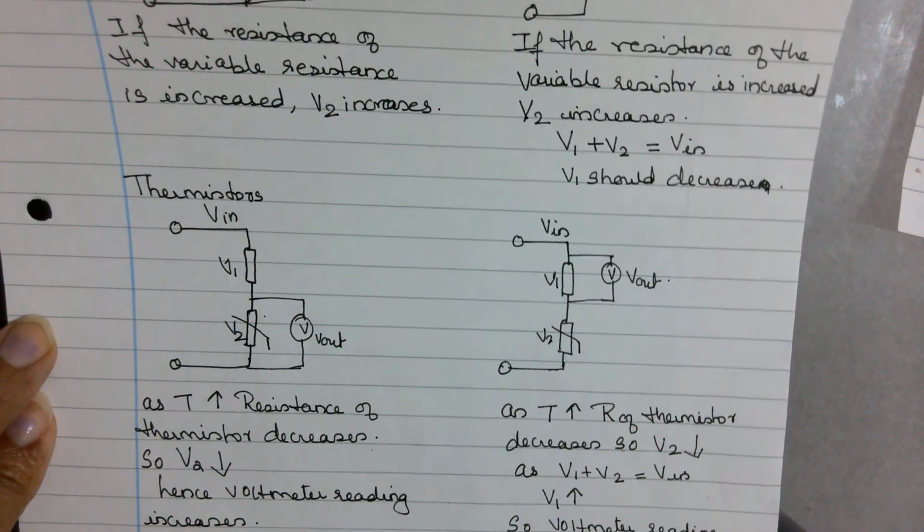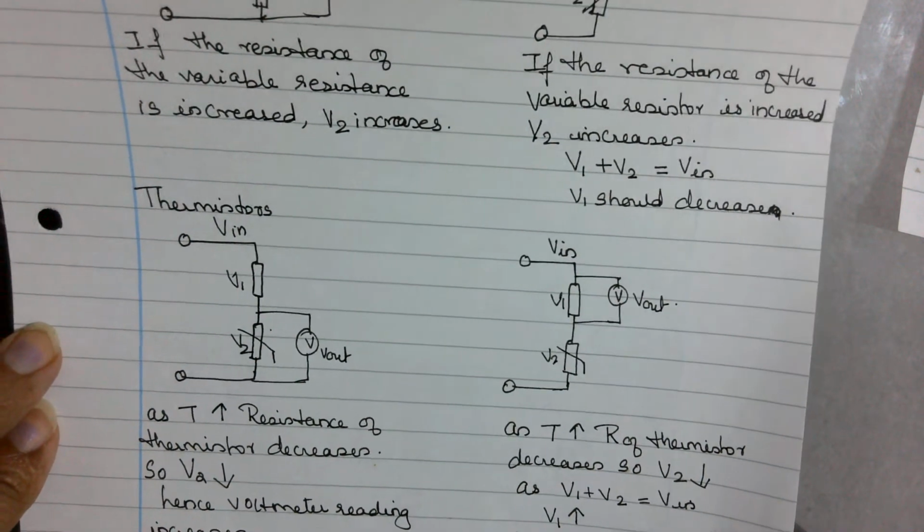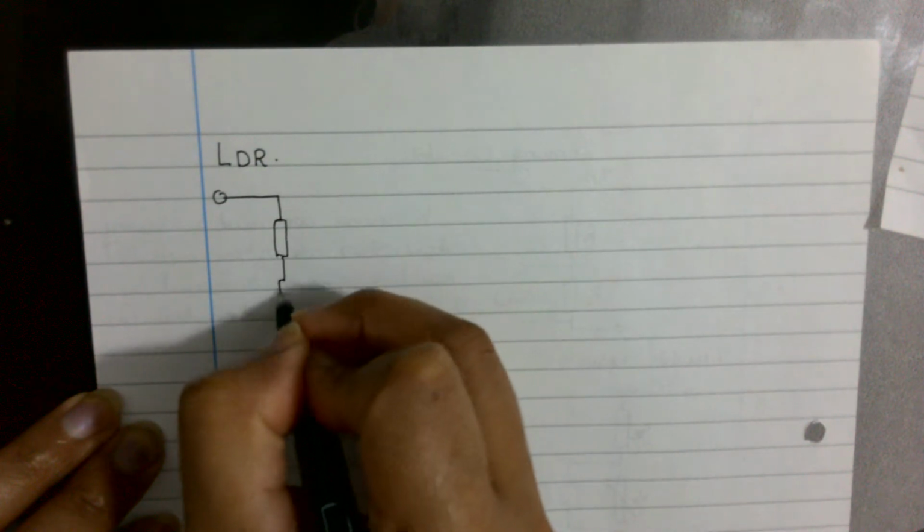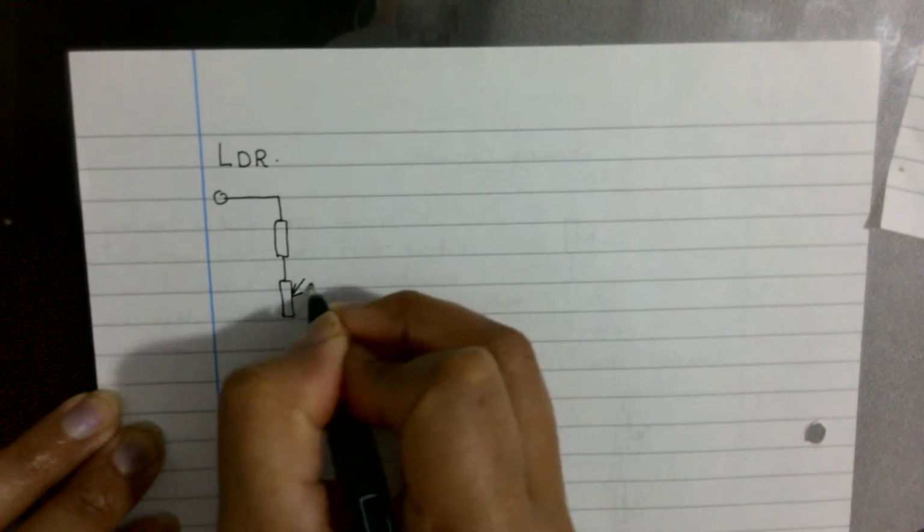Okay. Then, shall we do all these things for the LDR also? So now we have the light dependent resistors, or the LDR. Same circuit. First a fixed resistor, then we have an LDR.